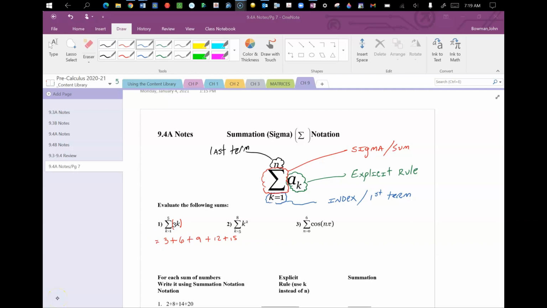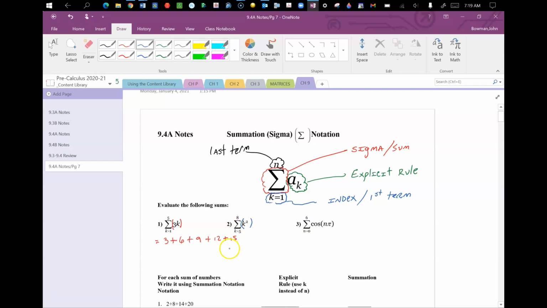In number 2, you will notice that we start with the fifth term and end with the eighth term. Now, in this case, we don't need to put parentheses around the k squared because there's only one part to that expression compared to the 3 times k. But it's not a bad idea to do that anyway.